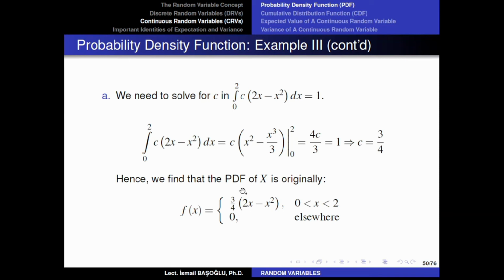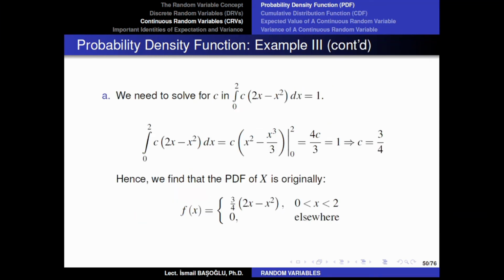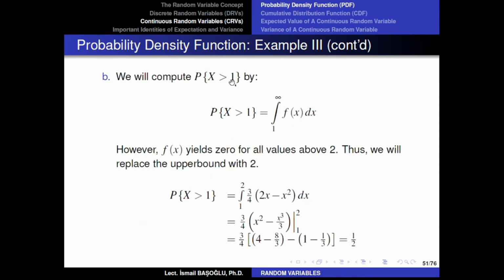Now that we have determined the constant c, we can rewrite our probability density function in this form. Now we can solve the further questions. If we go back to part B, the question asks for the probability of x being greater than 1. To find it, all you need to do is integrate the PDF from 1 to infinity.